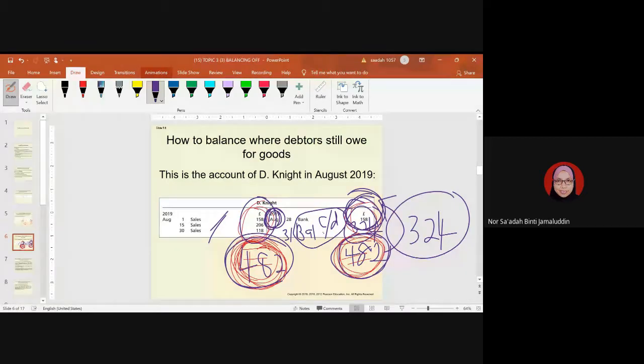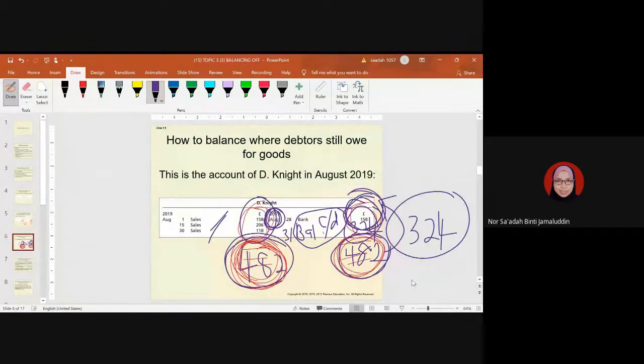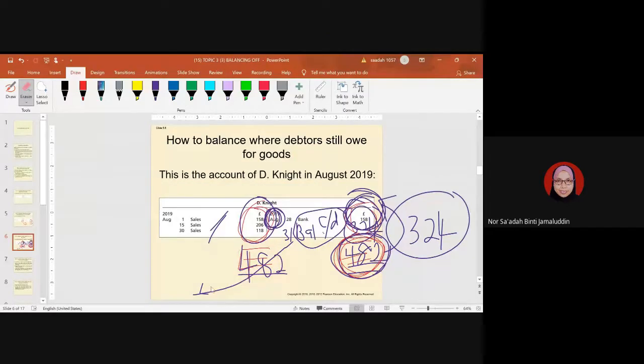Okay. And then the next step is, from the balance carried down, you already close this figure, and then you must take your balance CD, take here, bawa ke sini. Tak muat kan? Sekejap. Okay.